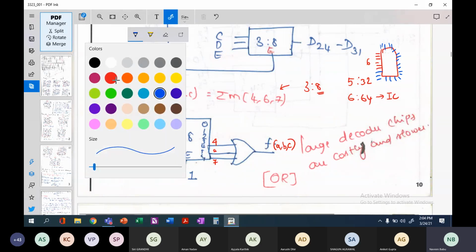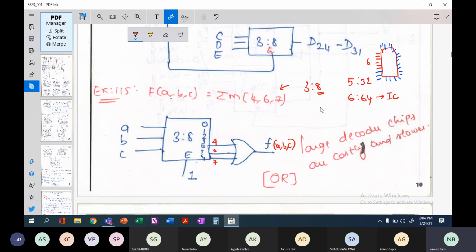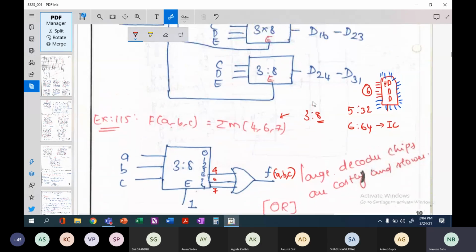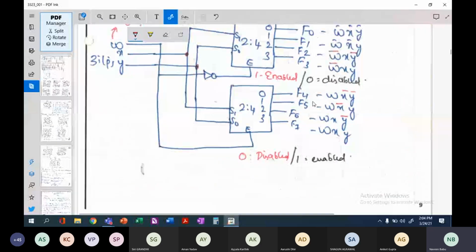At the same time, to design such kind of ICs with so many pins is not viable, they will be much costlier, and they will be slower. The AND gates inside these decoders will have 7 inputs: 6 from the actual input and 1 from the enable signal. So each AND gate will be a 7 input AND gate.